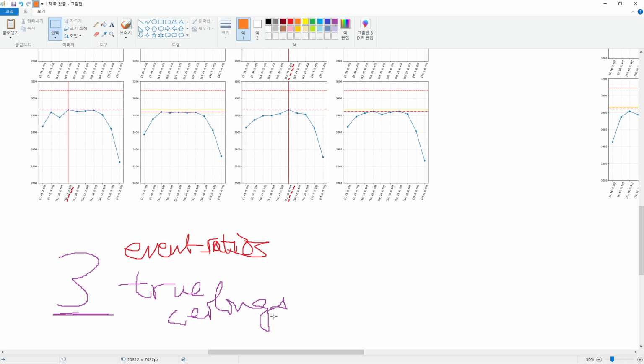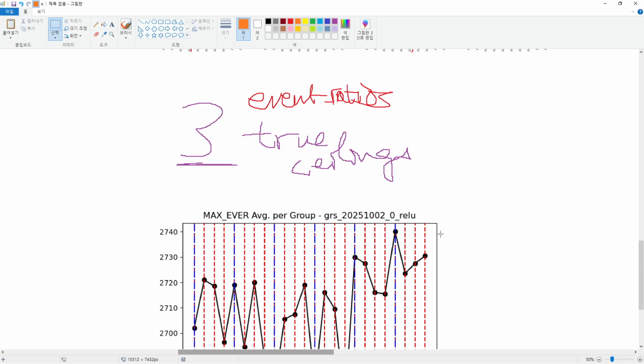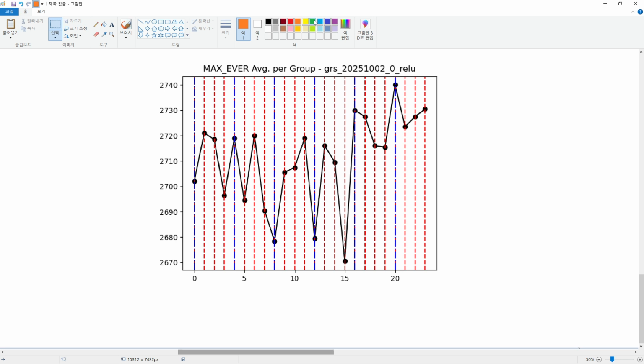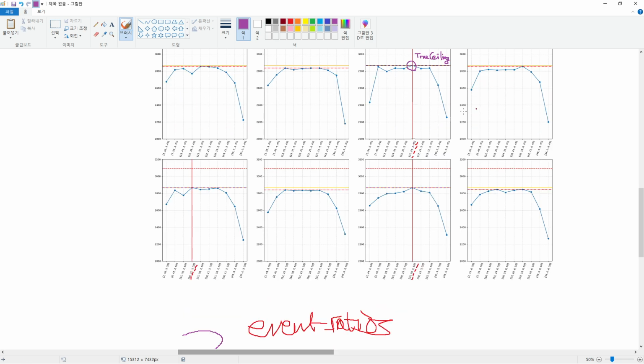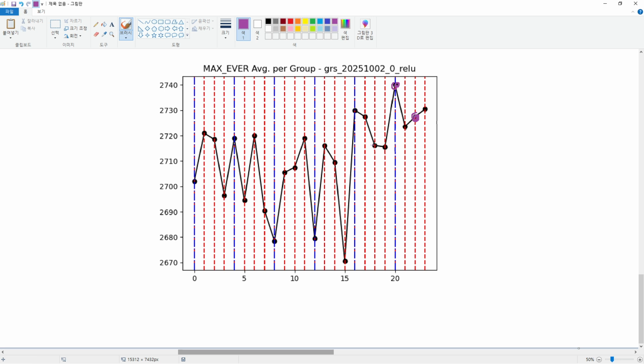So we have the second last one that gave us a true ceiling. Let's just mark that. It is this one, and then the fourth last one, which is this one, and then two before that, it's this one right here.